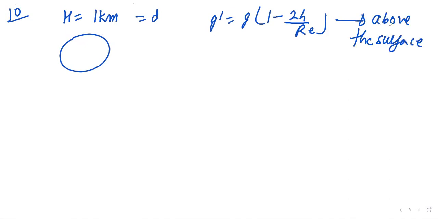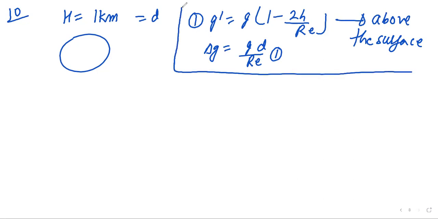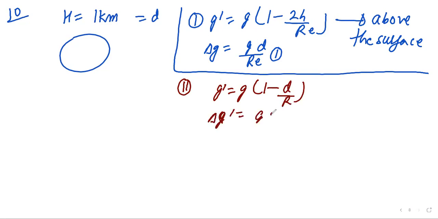This is the reduced form of the first one. Next is below the surface, given by g' equal to g into 1 minus d upon RE.